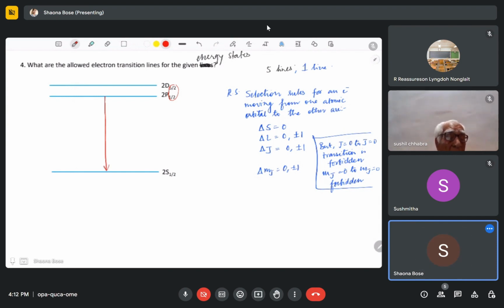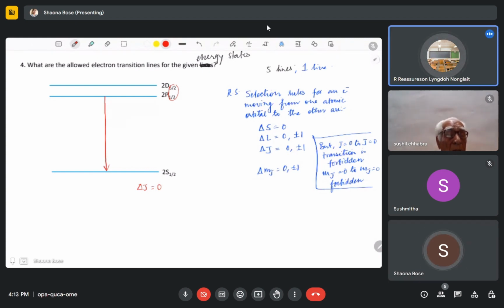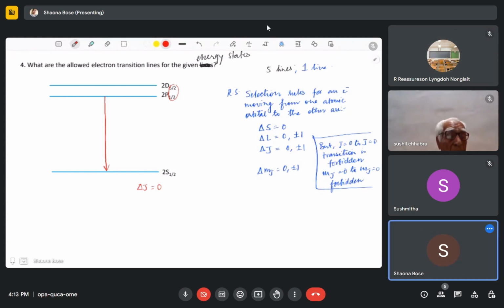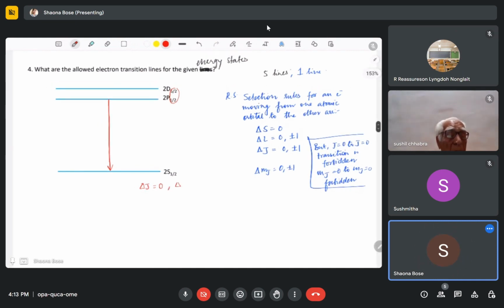Okay, so I can see only one possible transition. So here are the selection rules satisfied. Del J is 0, yes, so this is okay. Del L is also 0. So yes, only one line. This is the correct answer.